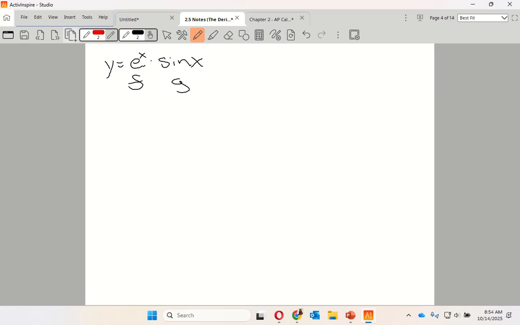Yep, product rule, because they're multiplying. f prime was the derivative of e to the x, e to the x.